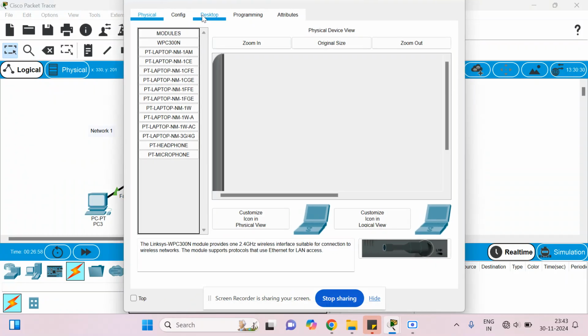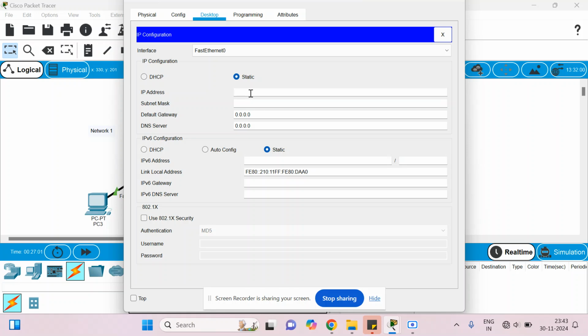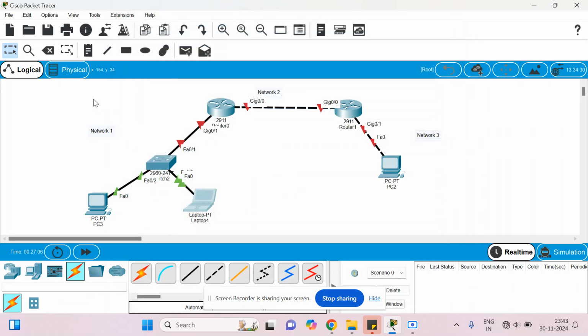Second machine, similar way, 10.0.0.2, and subnet mask of class A. So the IP I am writing over here is 10.0.0.1, and its subnet mask is class A. Similar way I am writing for the second machine also, the laptop. The IP address here we have assigned as 10.0.0.2.